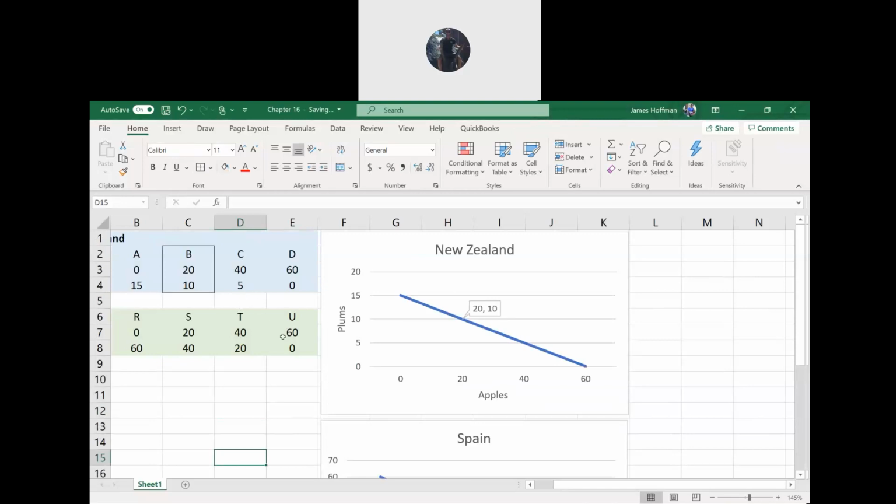Okay, I'm gonna make Spain. I made New Zealand blue, so I'm gonna make Spain green just to be consistent.